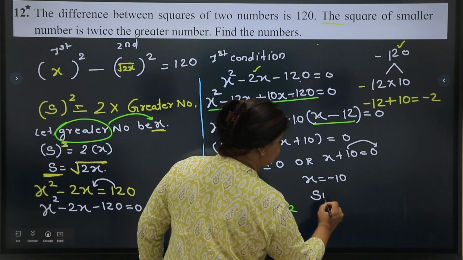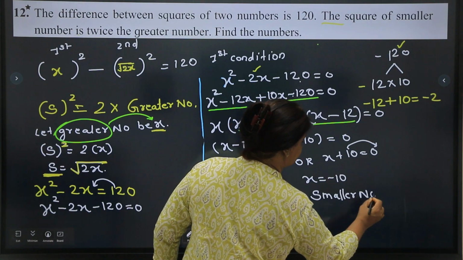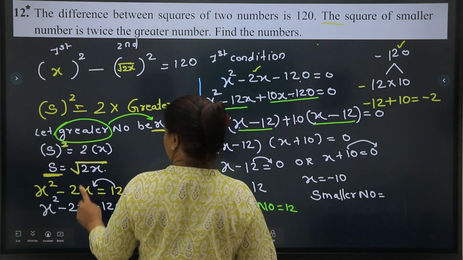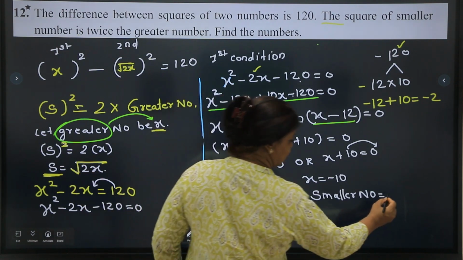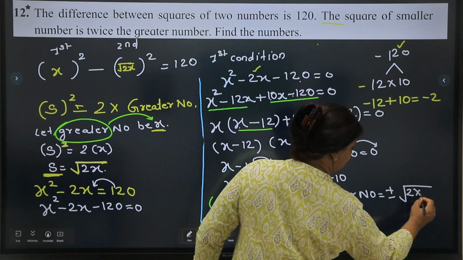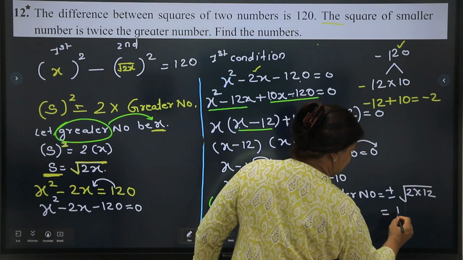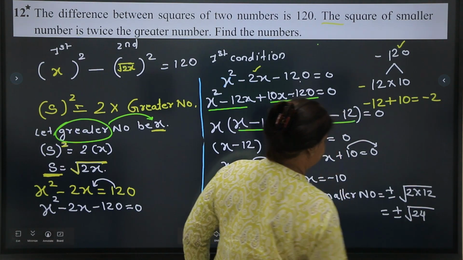Smaller number is under root 2x, that is plus or minus under root 2 into 12, that would be plus minus under root 24.